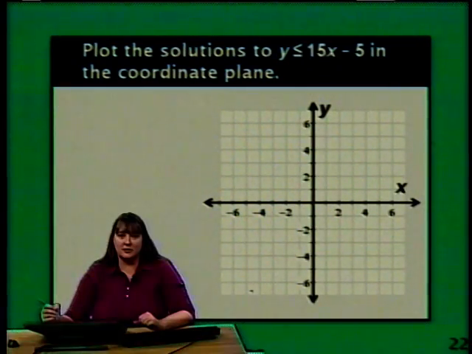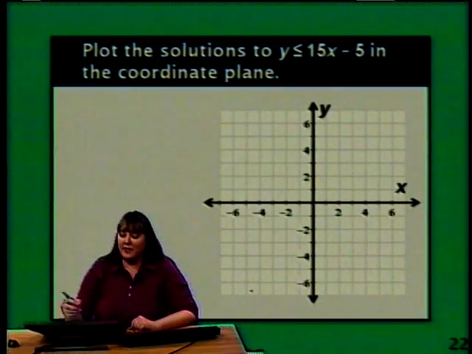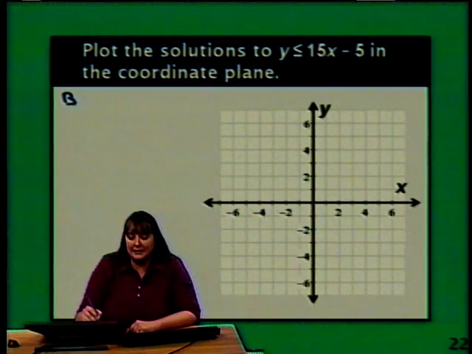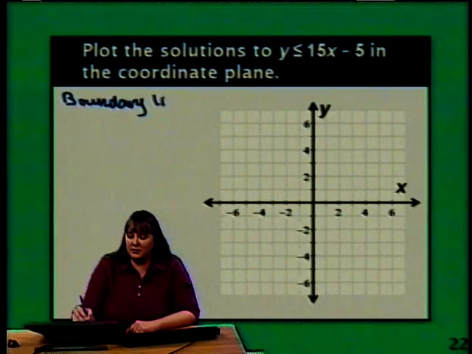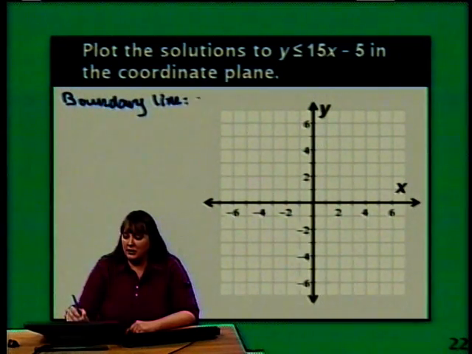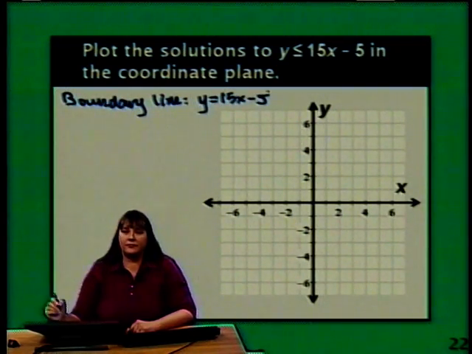Now let's plot the solutions to y is less than or equal to 15x minus 5 in the coordinate plane. So if I think about my boundary line, again, it's in slope-intercept form. My boundary line is y is equal to 15x minus 5.